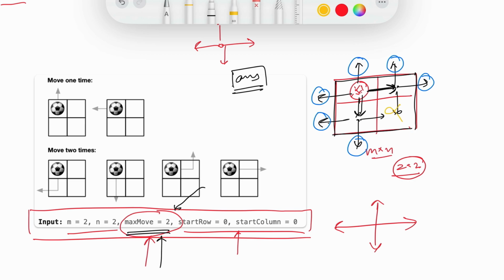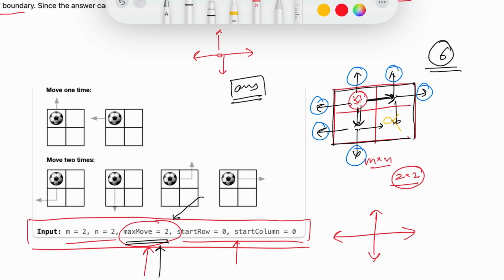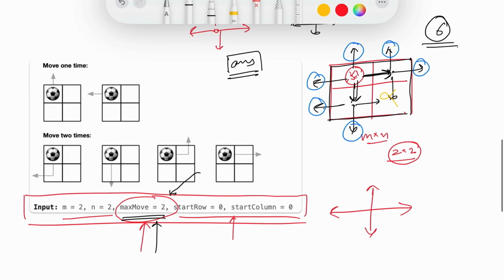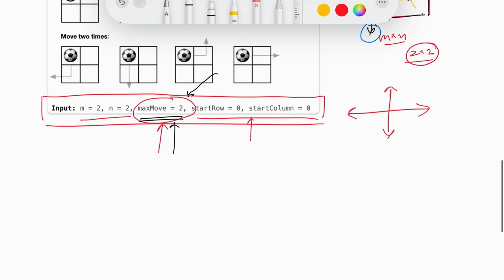So in total, 1, 2, 3, 4, 5, 6, we have 6 paths where the ball moves as per the given condition and crosses the boundary within max moves. Max moves were 2 here. I hope the problem statement is clear to you.